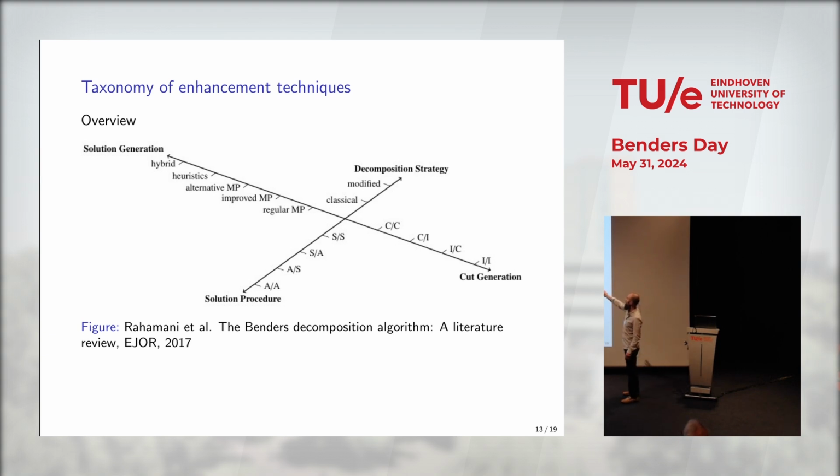What the letters mean: C means classical and I means improved, and the first one is feasibility, the second one optimality cuts. And then the S's are for solving methods, so S is standard for master and subproblem, and A is advanced solving methods. But on this cut generation one, I'm going to ask, does the solver let you do any improvements on it?